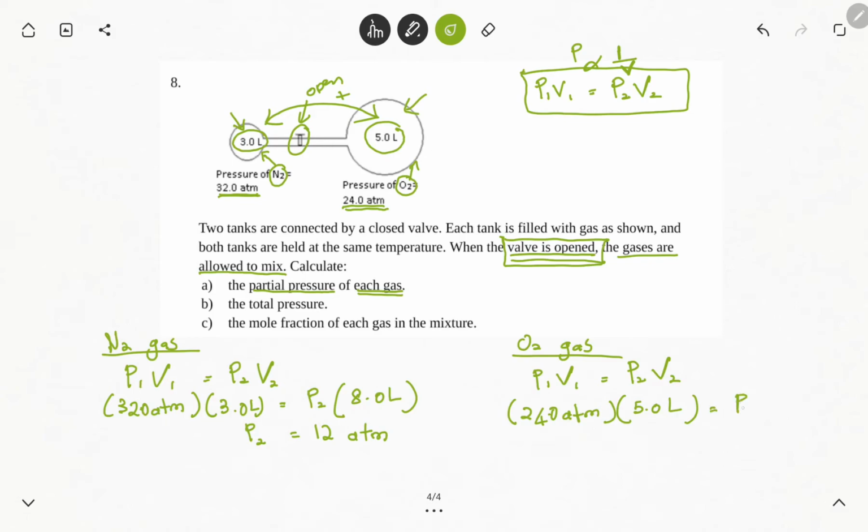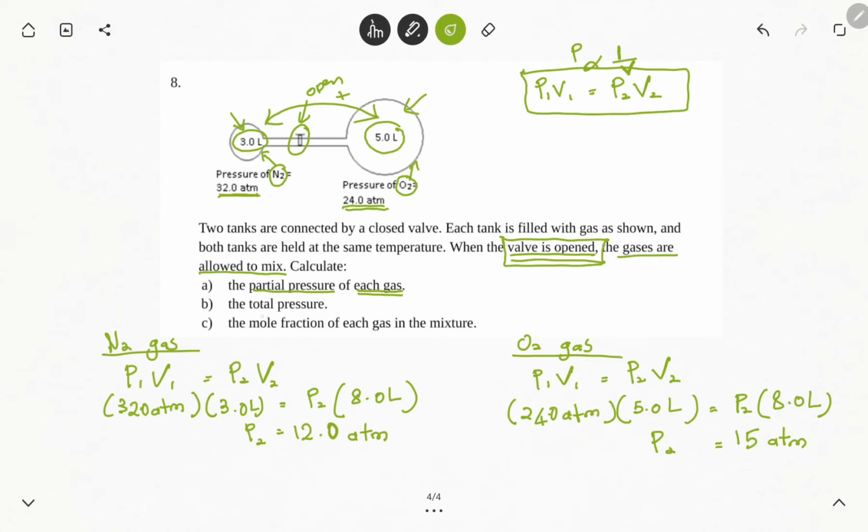We want to calculate P2, the pressure after the valve is open, and the volume is now 8.0 liter. So P2 is equal to 15 atm.